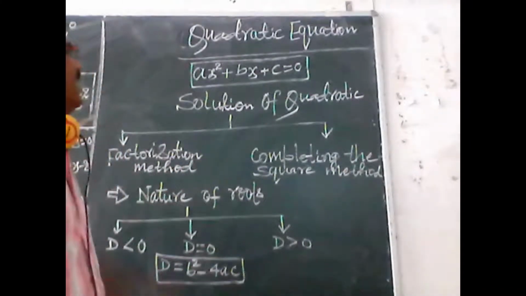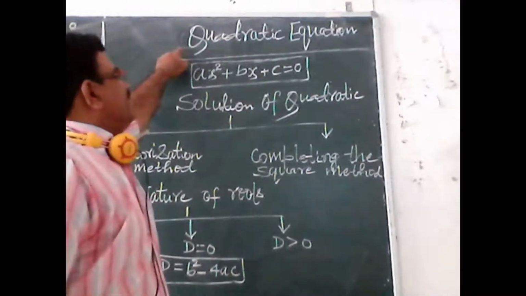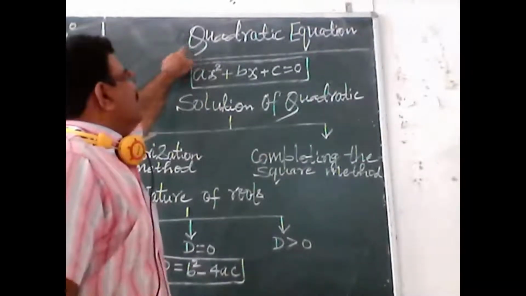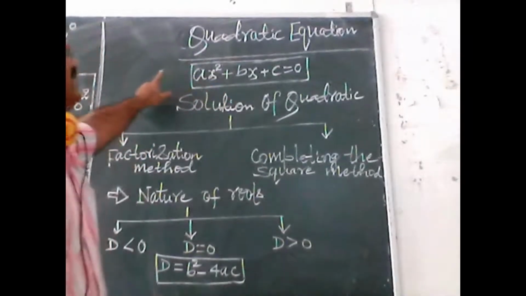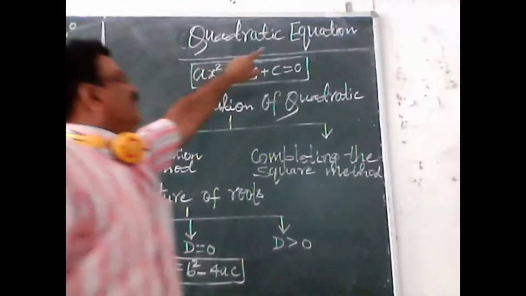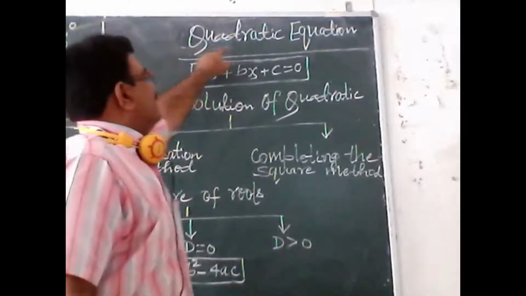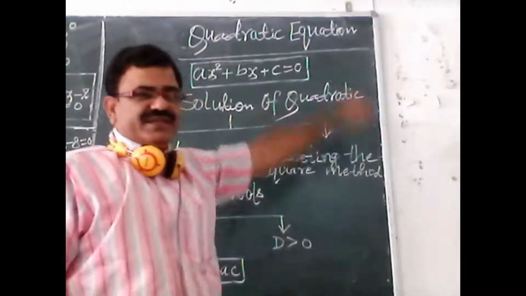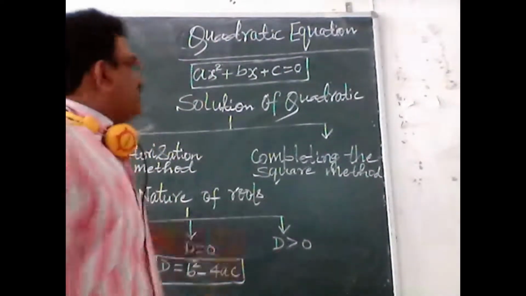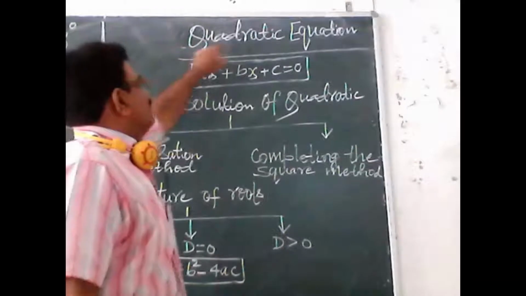Students, in this chapter, chapter 4, quadratic equations, let us first discuss its name. It is quadratic and another is equation. There are two terms in this terminology. First is quadratic.